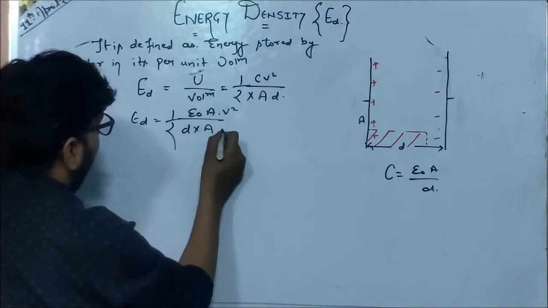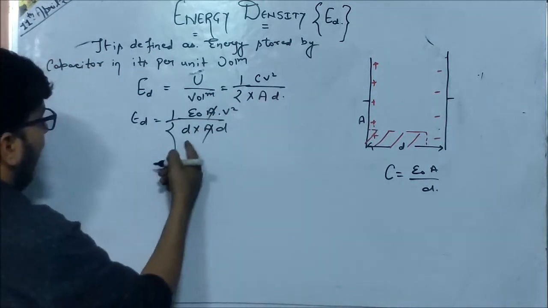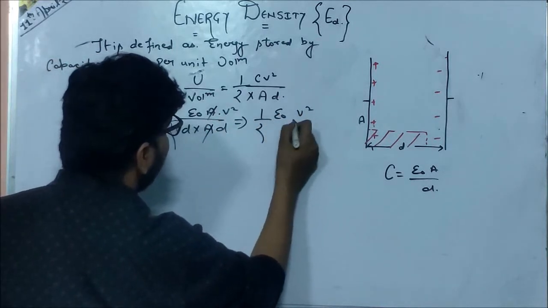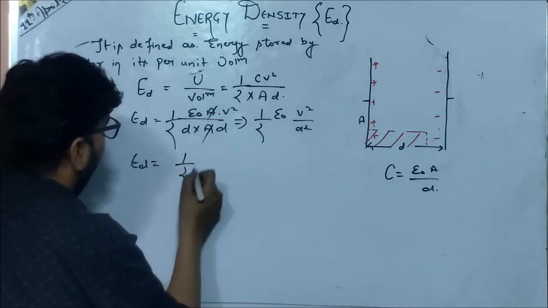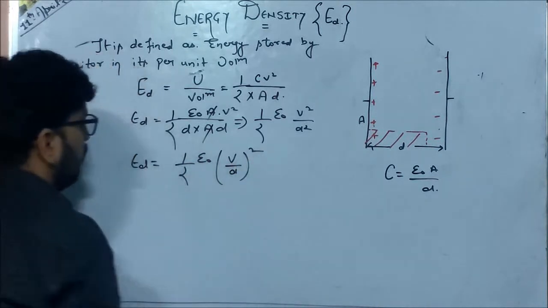Now A into D is also there, so A will cancel out A and it will be D square, so half epsilon naught V square by D square. So ED can be written as half epsilon naught V by D whole square.